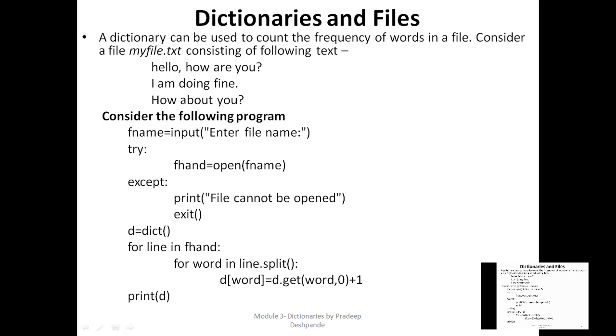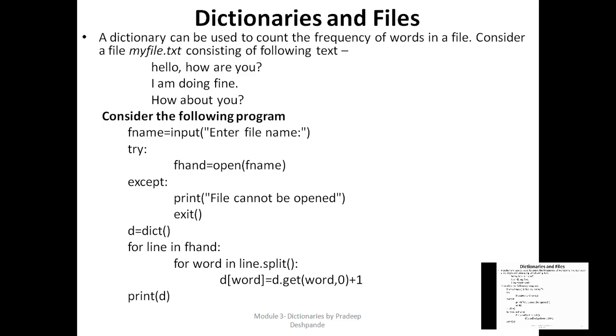Initially we have hello here, so word contains hello. D dot get: initially it will not be available in the dictionary D, so word comma 0 is the default value, plus 1. So hello's value will be 1 initially. Then how is encountered, again it is 1. Are is encountered, it is 1. You is encountered, it is 1.